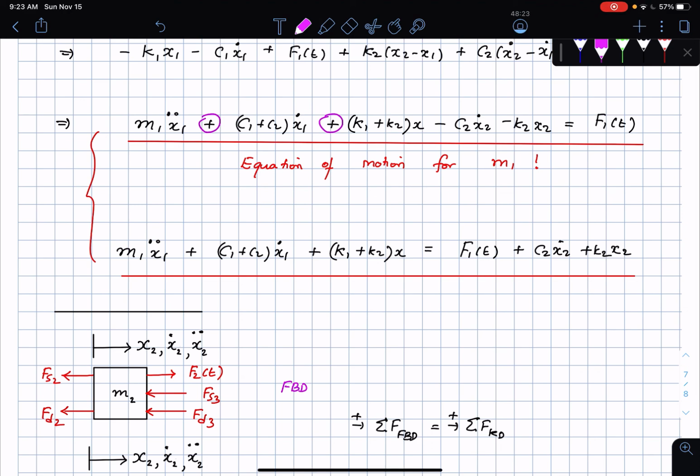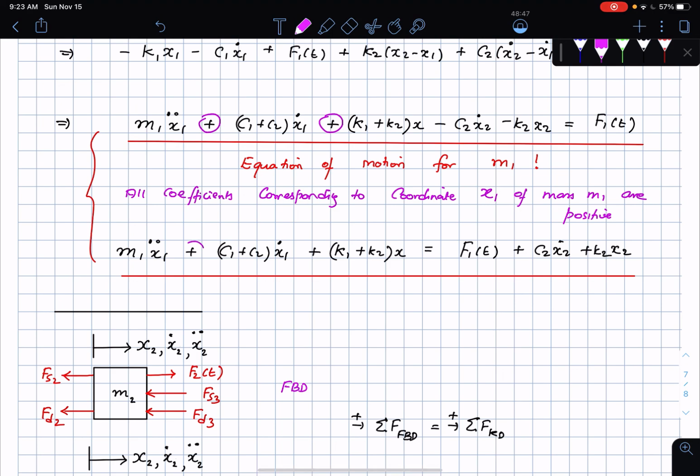All the coefficients corresponding to coordinate x1 of mass m1 are positive. This is very important for you to realize.